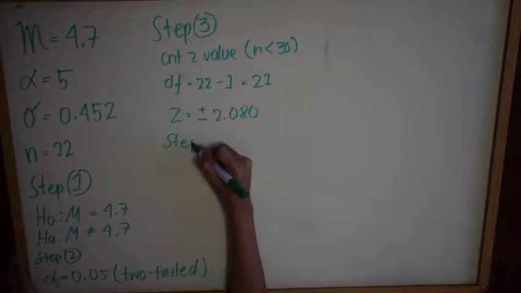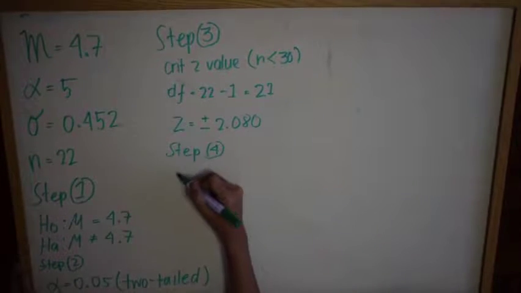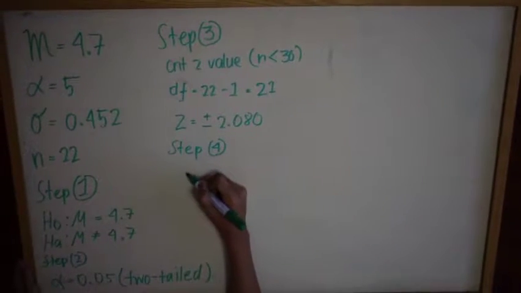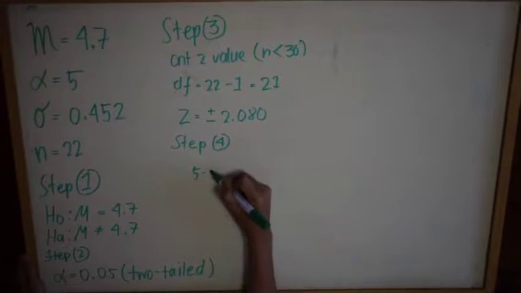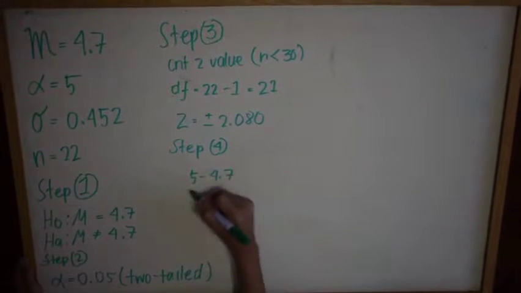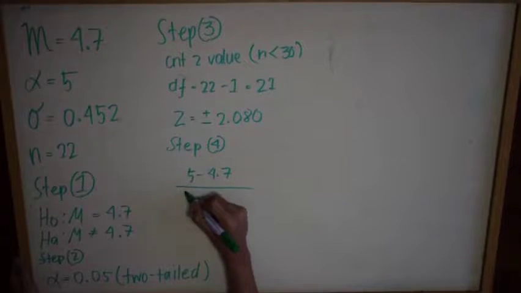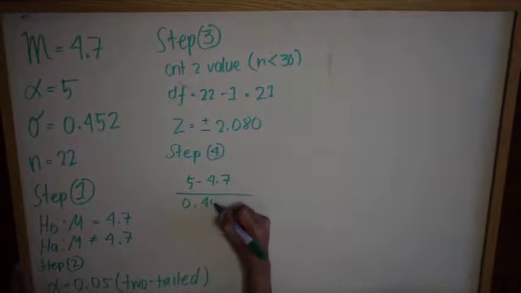For our step 4, we need to solve for the z. So the formula is indicated in the topic introduction earlier, and the answer in this problem is 3.11.